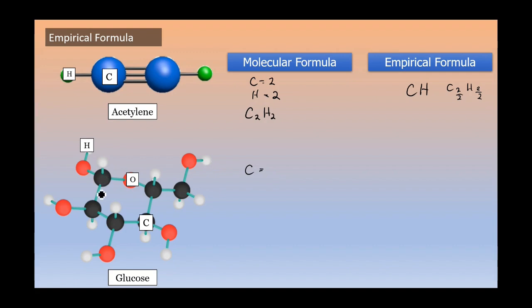Let's count. 1, 2, 3, 4, 5, 6. So we have 6 carbons. And for our oxygen, 1, 2, 3, 4, 5, 6. 6 oxygen. And for our hydrogen, let's count. 1, 2, 3, 4, 5, 6, 7, 8, 9, 10, 11, and 12. So our hydrogen is 12.